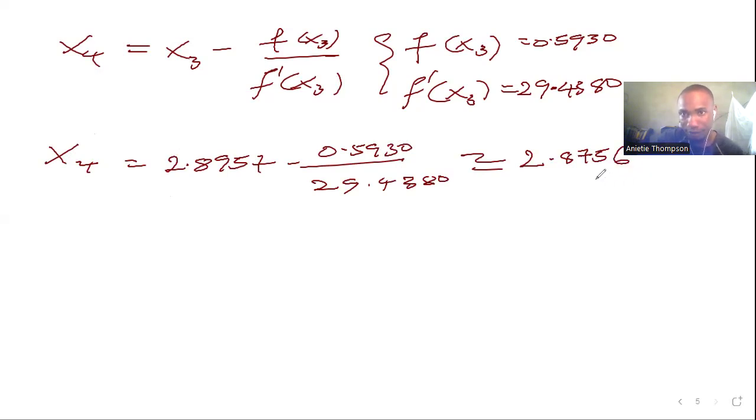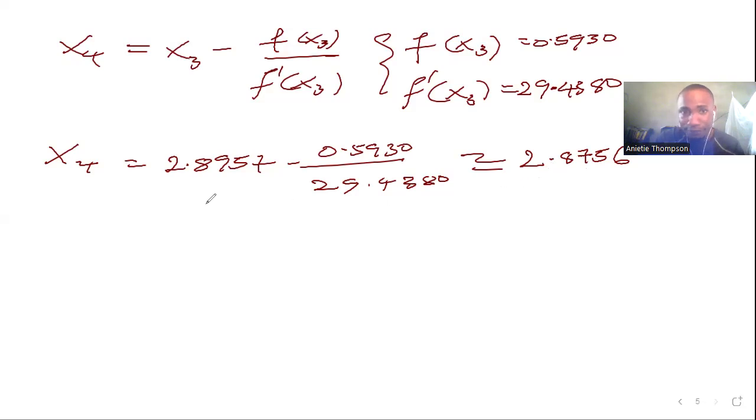And now we see the values are converging. If you compare with x3, we got 2.89. The first decimal place has converged. So I want to check the next value.